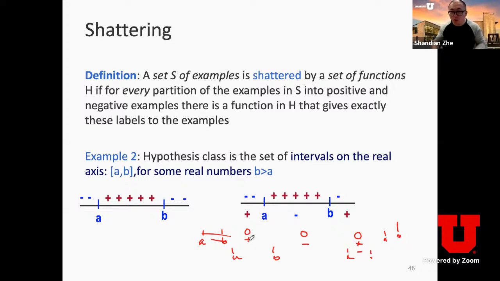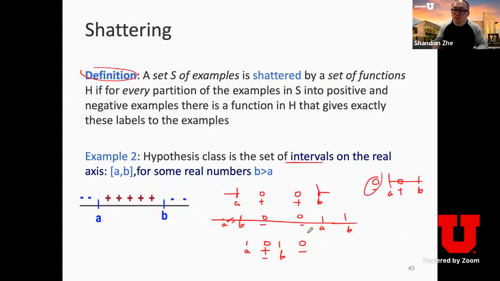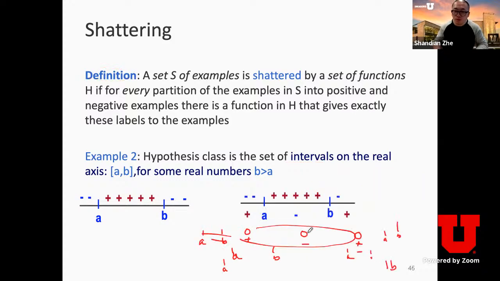If you want to predict both, you have to put A on the leftmost and B on the rightmost. Then all 3 examples will be classified as positive, and you're going to misclassify the example in the middle. Therefore, for this particular labeling on the 3 points, you'll never be able to find an interval which can give correct predictions for all 3 points.